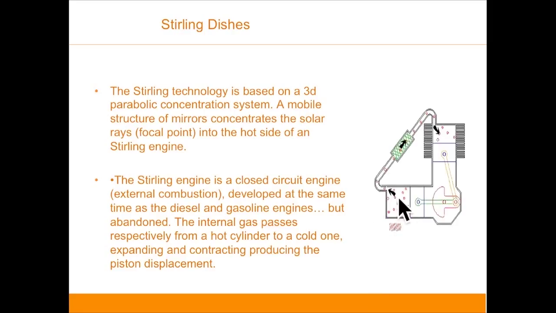this is the hot spot where the light is concentrated. Then you have two chambers: one located in the hot cylinder and the other in the cool cylinder, with a refrigeration system, normally water or something like that, to cool that piston. The gas moves from one cylinder to the other.